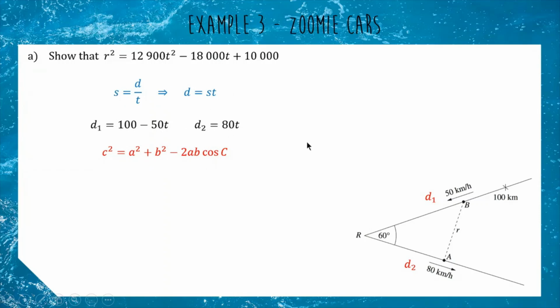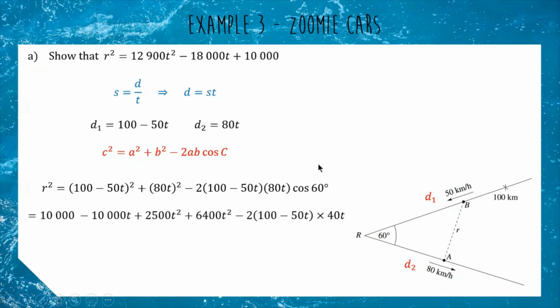So we're going to sub that information into the cosine rule. So c squared is R squared, cos C is cos 60, which is of course a half, and we've got a squared and b squared and 2ab just here. Now we'll expand that all out, so be careful with this perfect square in red. 100 squared multiplied together and doubled, and then 50t squared. 80t squared is 6400t squared, and then like I said, cos 60 is a half, so a half times 80t is 40t.